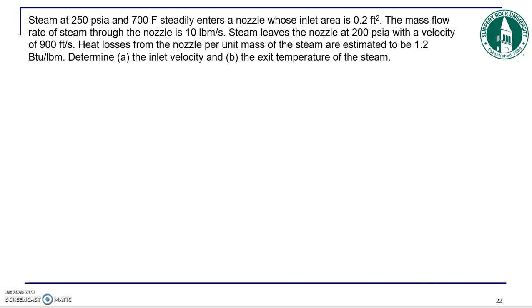And you guys know that we have tables of data for steam, for the vapor liquid equilibrium of water. And we start by writing the information that we can get. So what we want to find is the velocity at the inlet, right?